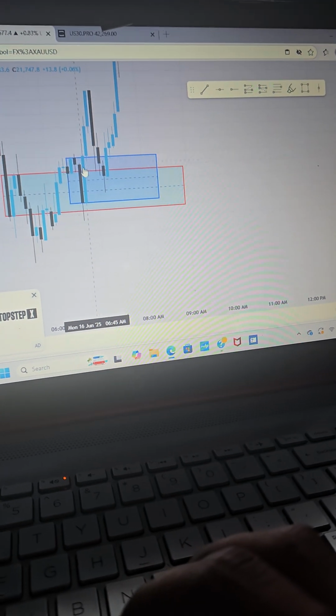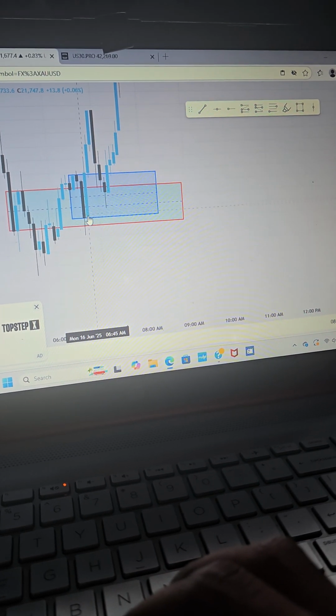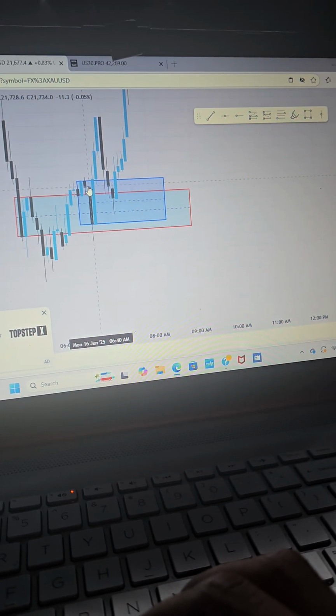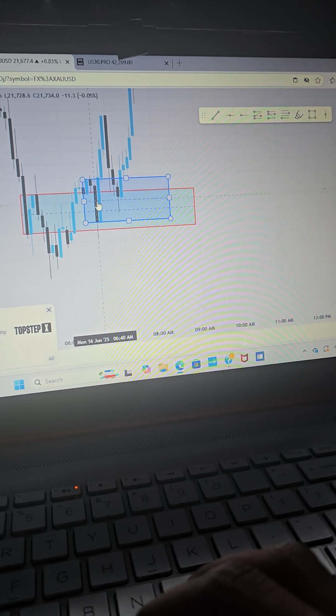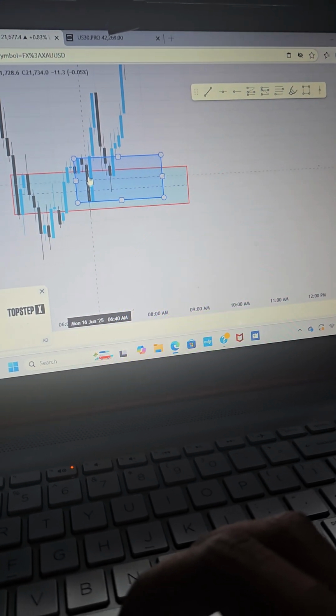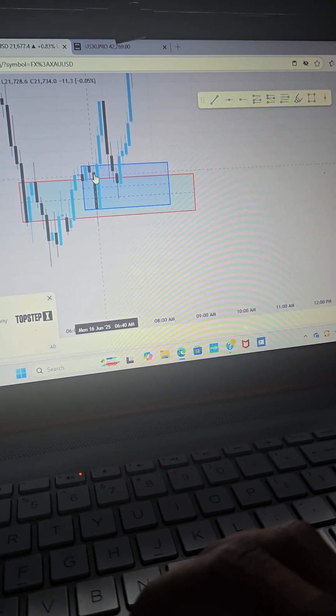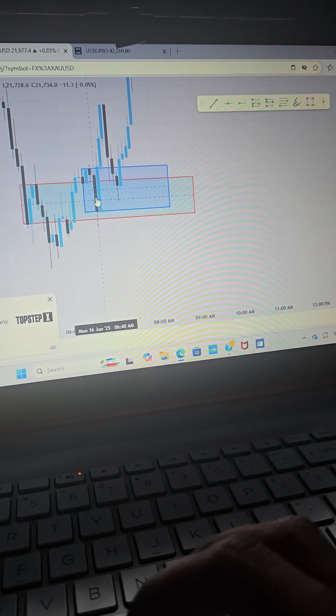So that's what makes the bullish order block a winning bullish order block, because price is not closing below the rejection block, and it's not closing below the consequent encroachment from where the actual order block is.